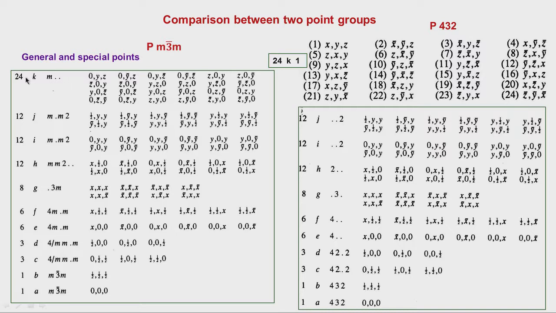But only when you come to this Wyckoff position and this Wyckoff position, you find that suddenly there are differences in the atom position. Only when we place atoms corresponding to these positions will the difference between these two structures come. Is it clear?